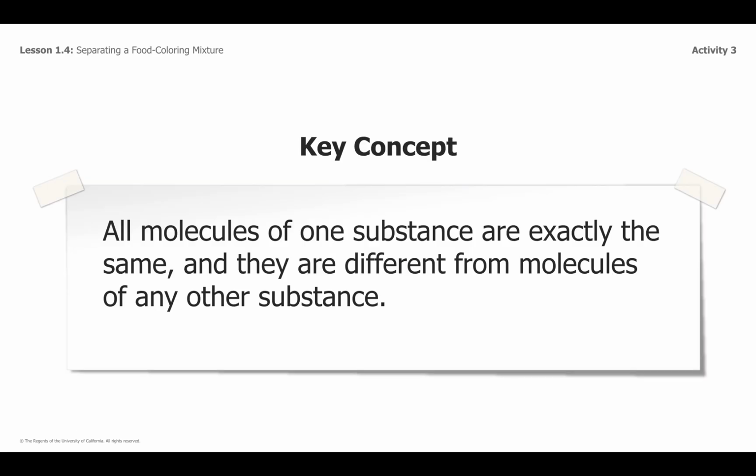So here's a key concept that you should know. All molecules of one substance are exactly the same, and they are different from molecules of any other substance. So a substance contains only molecules of one type.